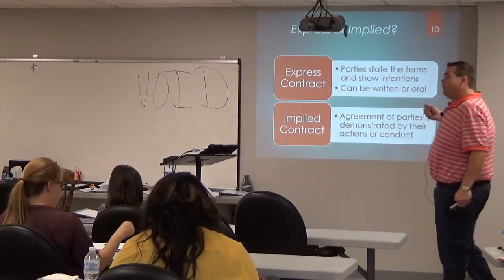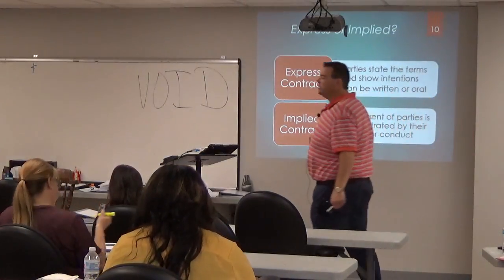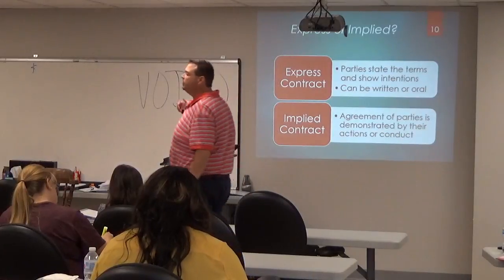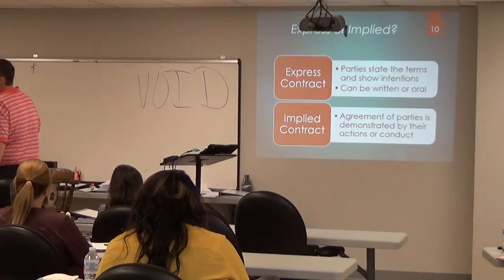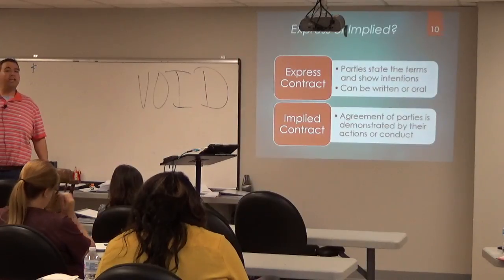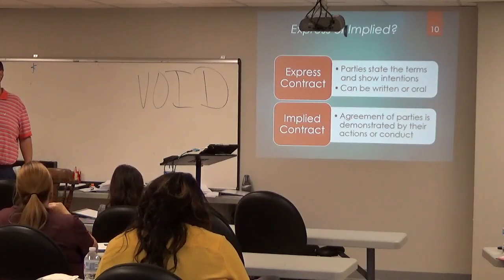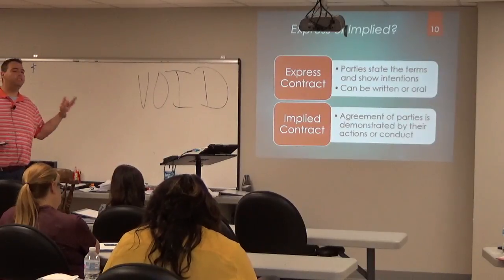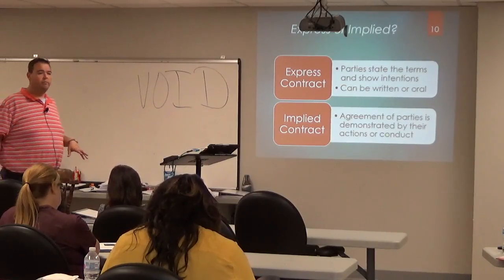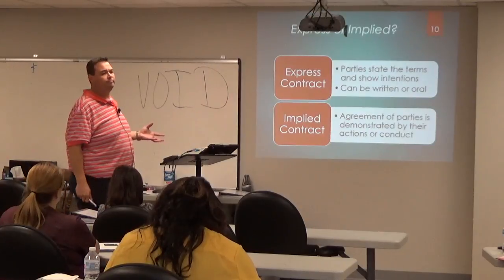Contracts can either be express or implied. We talked about this in chapter 8 as well. We talked about agency agreements. We said agency agreements could be express or they could be implied. What's the big difference between express and implied? What's an express agreement?